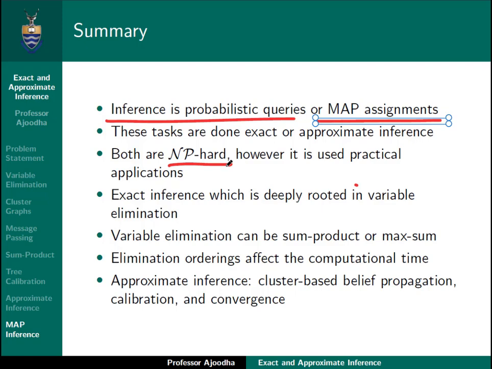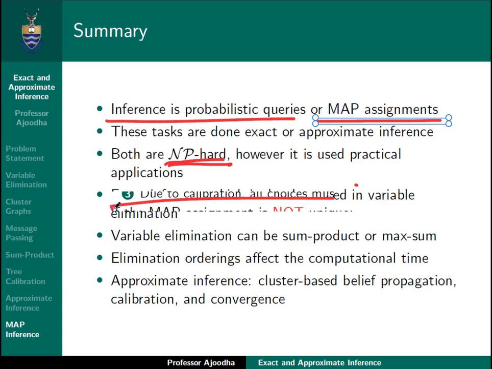Just by a few heuristics, such as using an induced width and reducing the number of dependencies, we can keep the algorithms I've presented very manageable. NP hardness is never really a problem in practice.